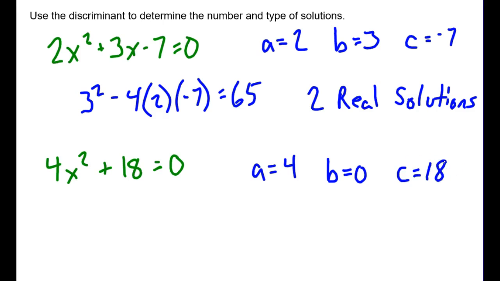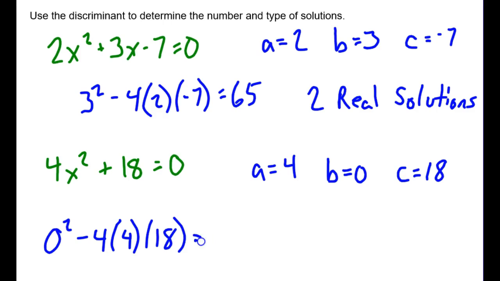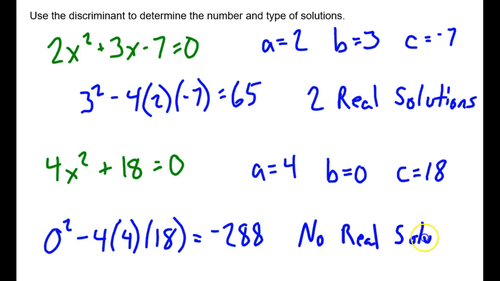Plugging these into the discriminant, b squared minus 4ac, we have 0 squared minus 4 times the a value, which is 4, times the c value, which is 18. -4 times 4 is -16. -16 times 18 is -288. Thus, the value of our discriminant is less than 0. That implies there are no real solutions to this quadratic equation.